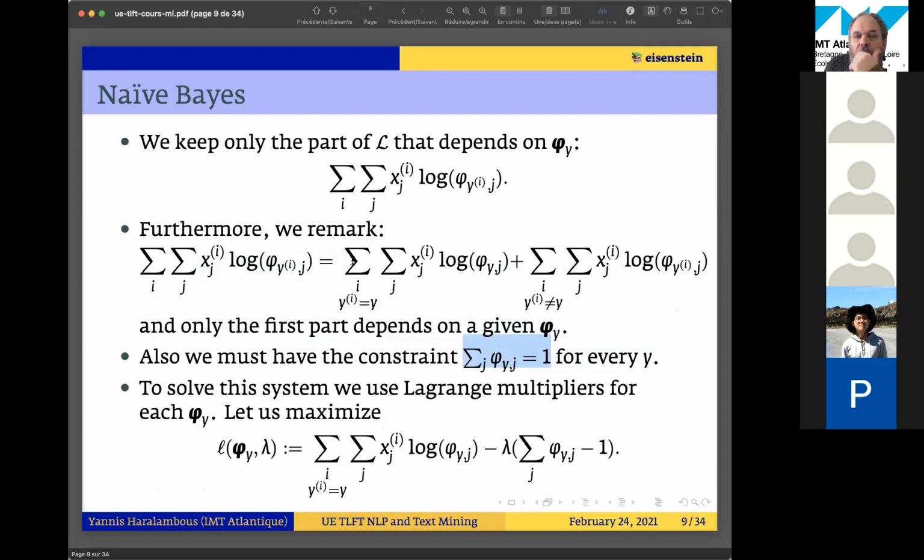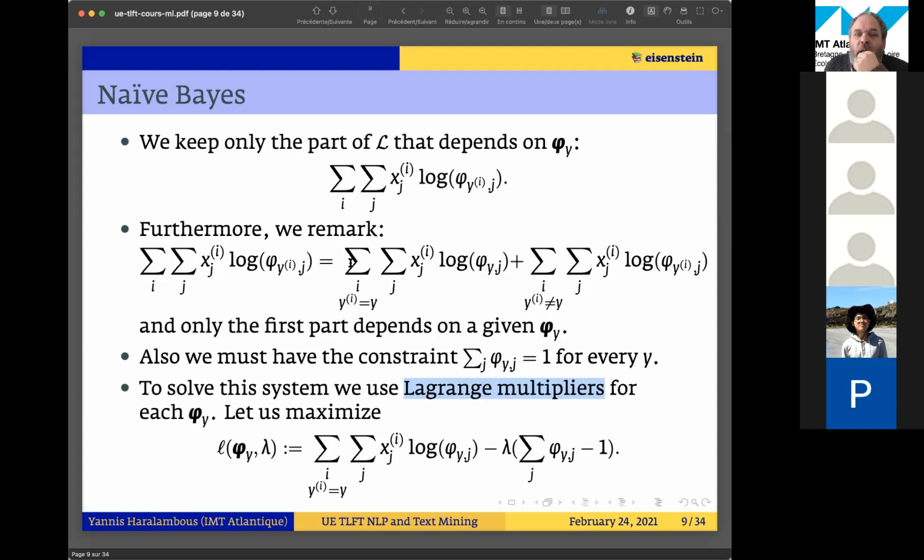How can I combine this part and the constraint? Well, there is a method called Lagrange multipliers where we write the constraint as something equal to 0. In our case, it will be sigma j phi(y,j) minus 1 equals 0.